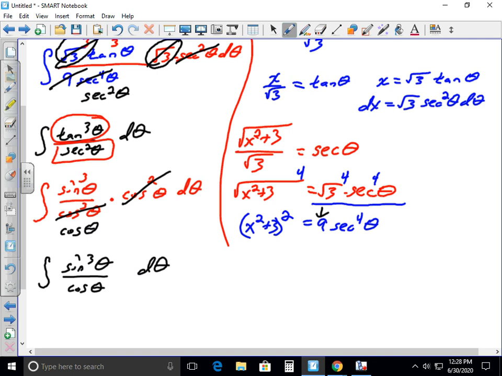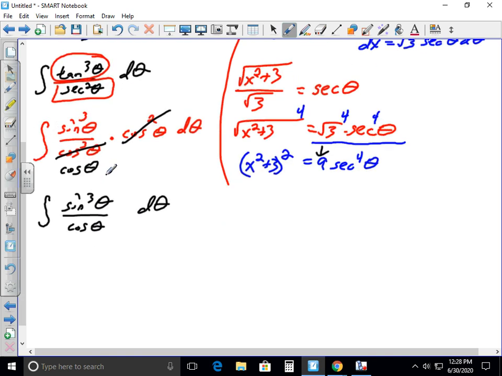And again, there's more than one way we could do this. Again, we could have pulled a tangent over here and then turned tangent squared into secant squareds using an identity. But we're just doing it with sines and cosines, and essentially going to end up doing the same thing. We're going to pull a sine over, and that leaves us a sine squared.